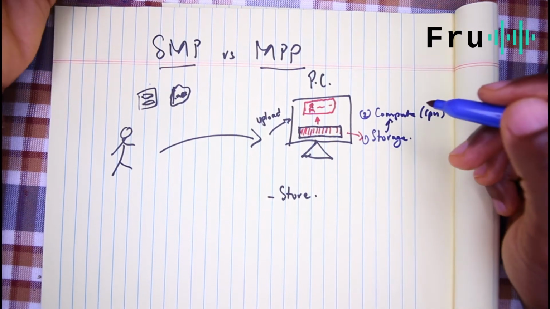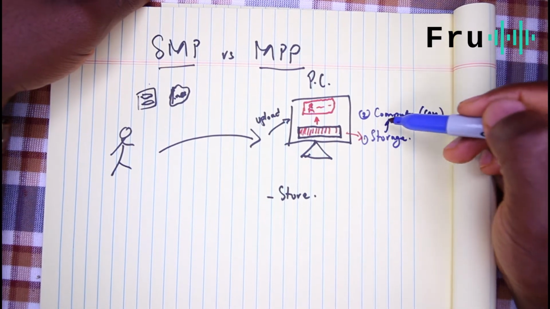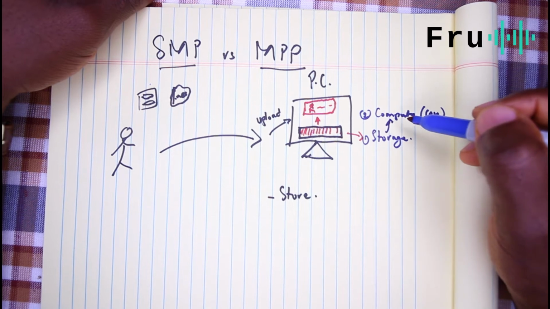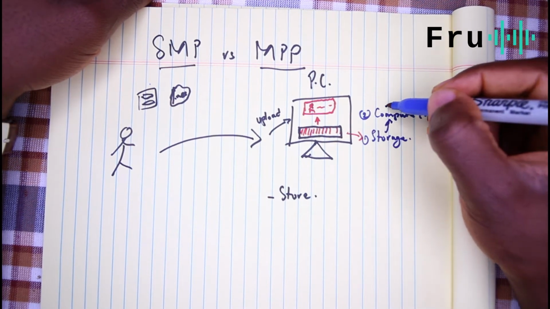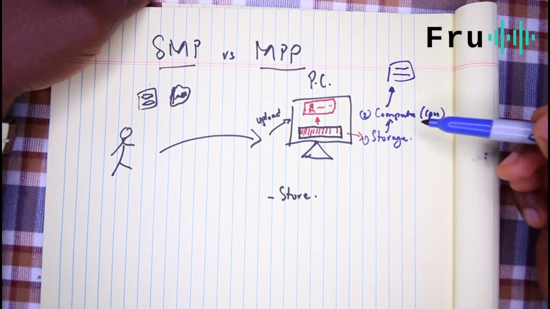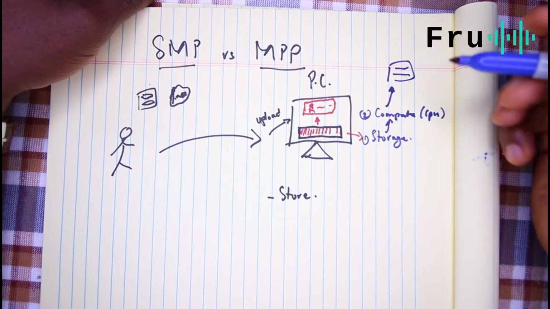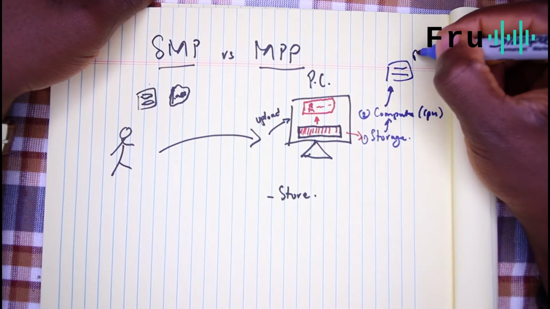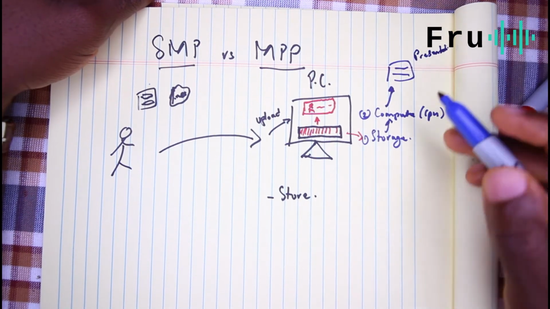This might be on your D drive, your C drive, and it is read from the storage to the CPU or compute. And once it's been read from there, then you can actually see the file, right? So you're going through these three layers, from storage to compute to presentation, which is what you actually see. These are the three big phases.